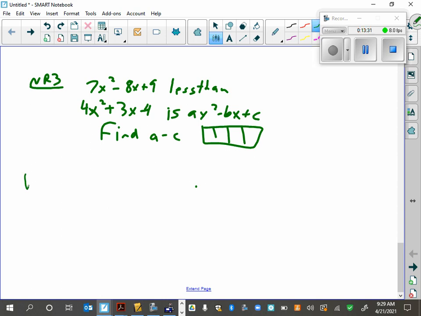The written response 1 says the area of a TV is x squared plus 5x plus 6. What's the length and the width?